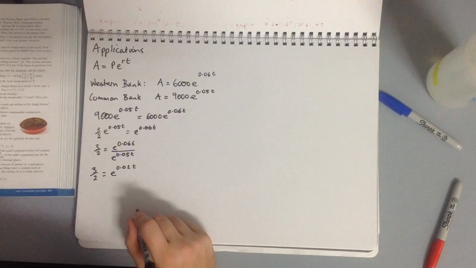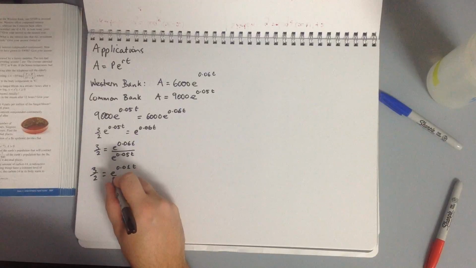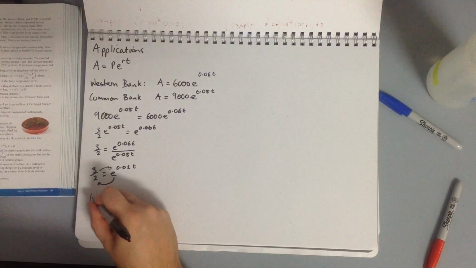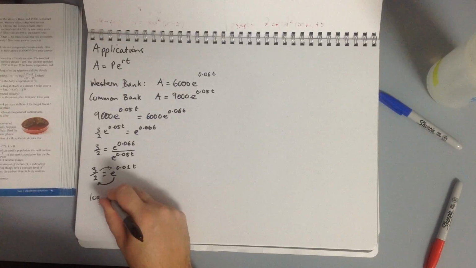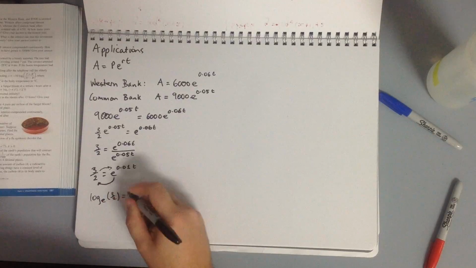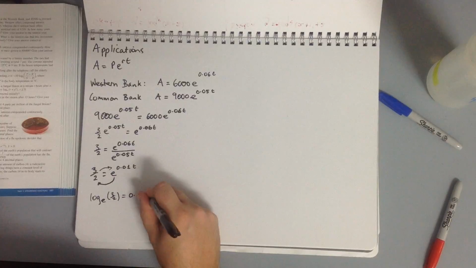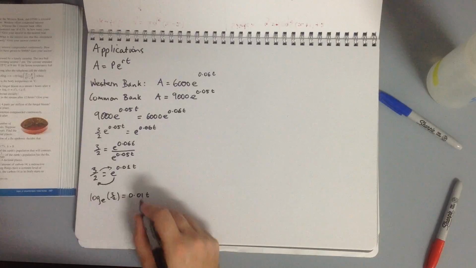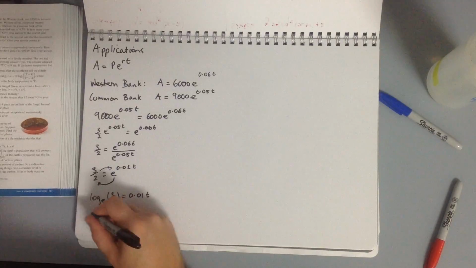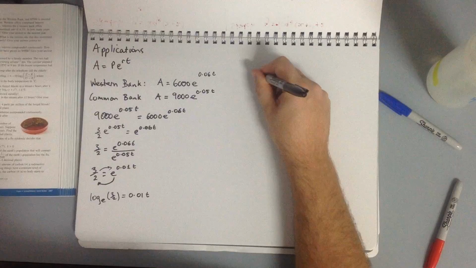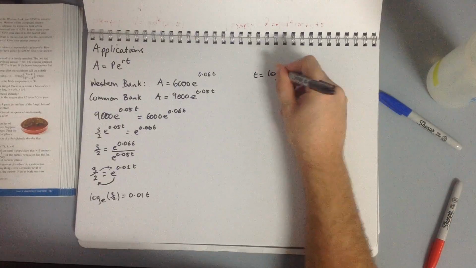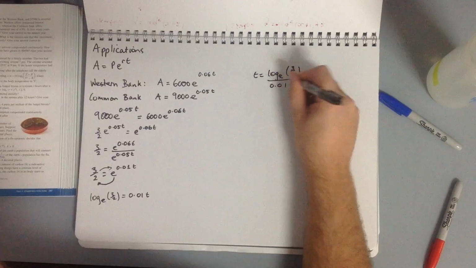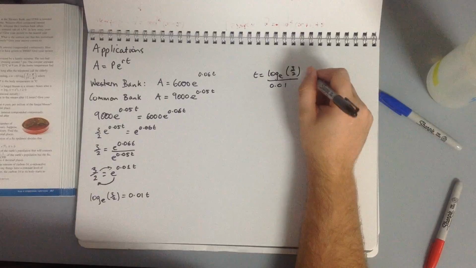Then we can do our loopy method and say log to the base e of 3 on 2 equals 0.01 t. We divide by 0.01, so t equals log to the base e of 3 on 2 over 0.01, and that's our exact answer.